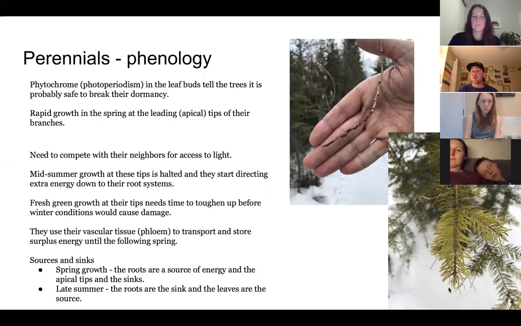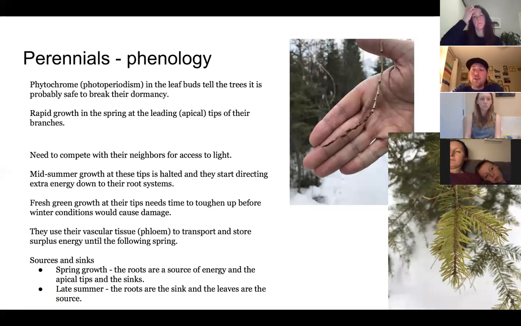If that tree just kept on growing at its apical tip all the way up till the fall when it started to snow, then these tissues wouldn't have time to toughen up and get ready for the harsh winter temperatures. They would be too soft and they would be damaged. So by midsummer, if they stop this growth in their apical tips, then they have enough time to toughen those tissues up. And so that's a good strategy, because otherwise it'd be a waste of resources.